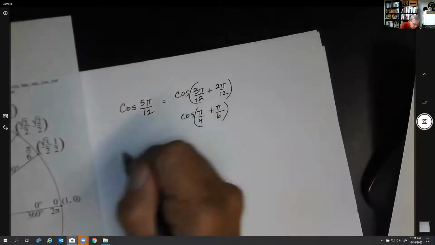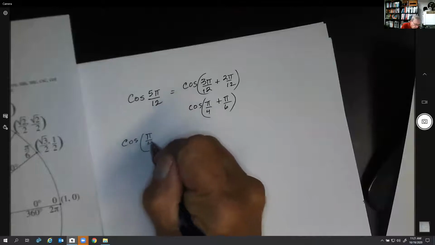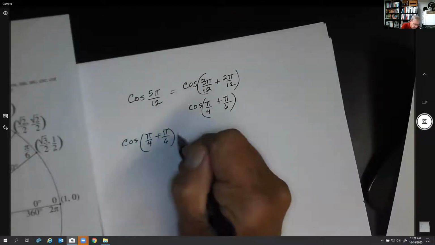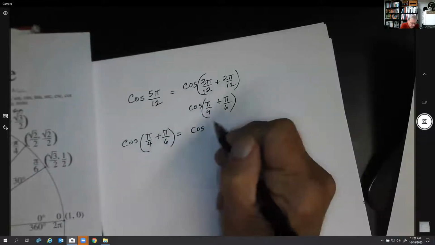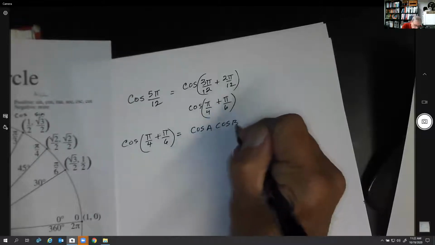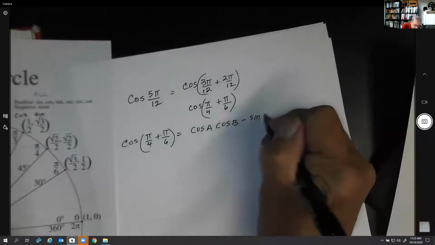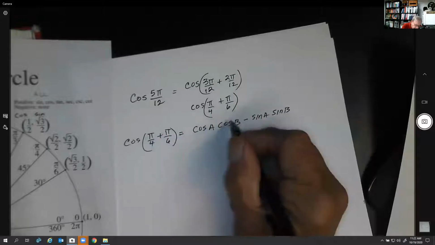So now let's expand that out. Let me write it over here. Cosine of pi over 4 plus pi over 6. It's not too hard. It's just a matter of putting it into the formula. I think it's easier to just write down the formula: cosine of A, cosine of B, minus, I'll get it right this time, sine of A, sine of B. Always the opposite.